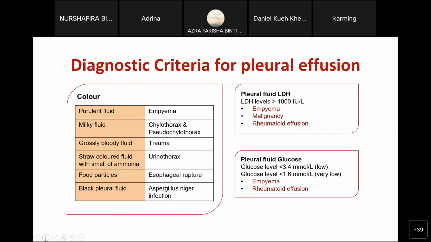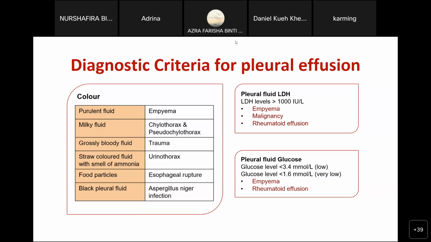Did you mention about pleural fluid ADA? I do not mention about ADA. Do you know what is ADA? Have you ever encountered it before?